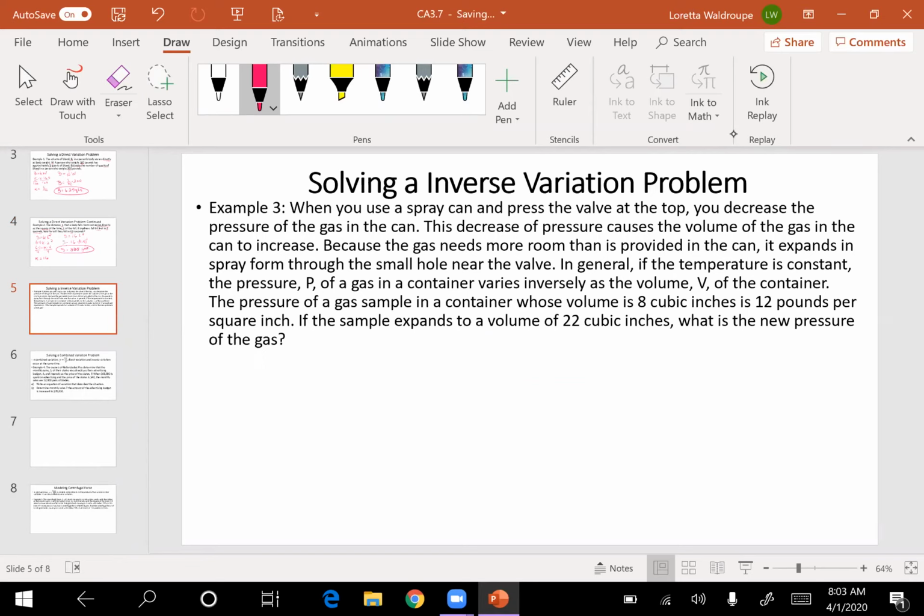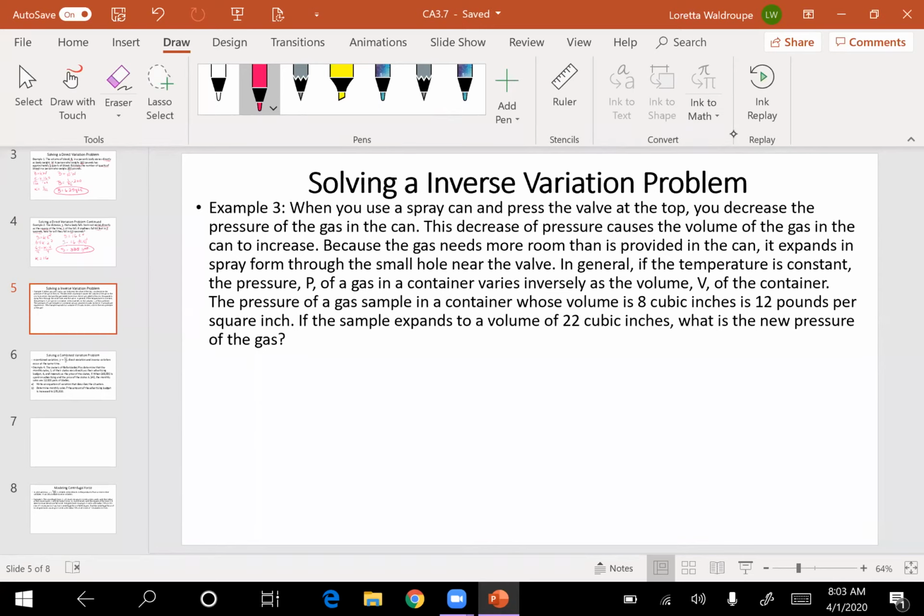Let's look at the next one. When you use a spray can and press the valve at the top, you decrease the pressure of the gas in the can. This decrease of pressure causes the volume of the gas in the can to increase. Because the gas needs more room than is provided in the can, it expands in spray form through the small hole near the valve.